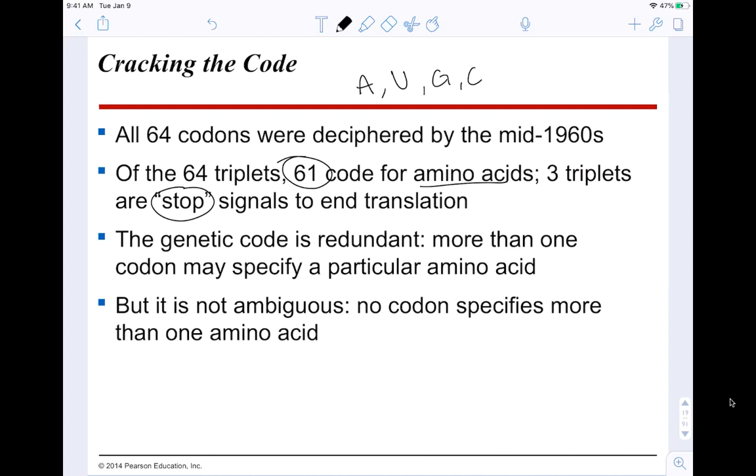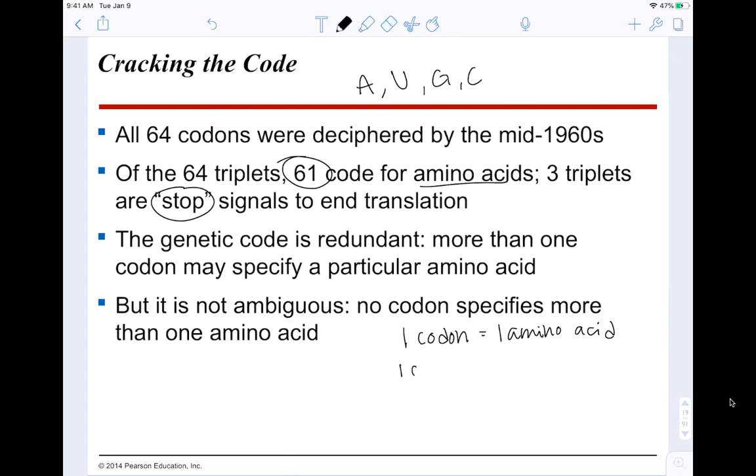But it's not ambiguous. No codon specifies more than one amino acid. So each codon equals an amino acid. So one codon equals one amino acid. Oops, this is a question a lot of people like to ask.